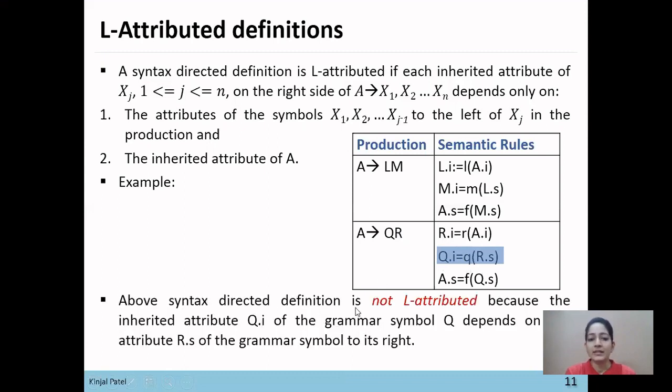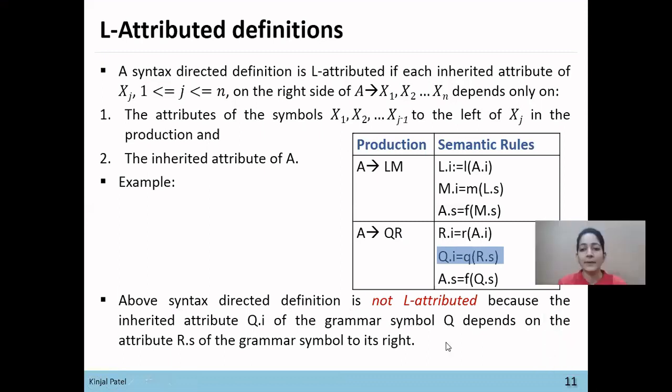This syntax-directed definition is not L-attributed definition because the inherited attribute Q.i of the grammar symbol Q depends on the attribute R.s of the grammar symbol to its right. So the second production rules are not included in L-attributed definitions.